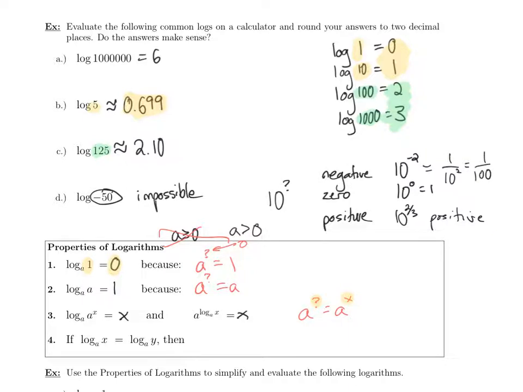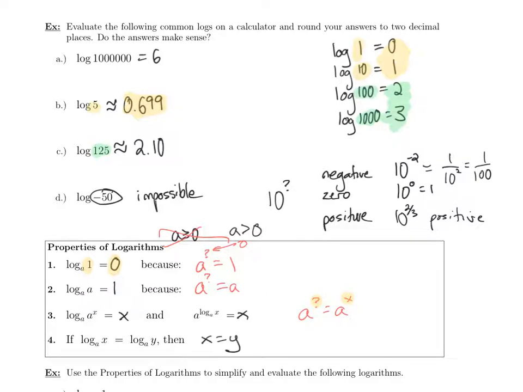So we end up with log base a of a to the x is equal to x. And we're going to see that if log base a of x is equal to log base a of y, as long as they're the same base, then their arguments have to be the same as well.